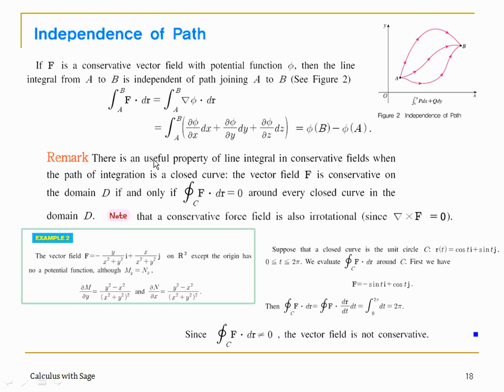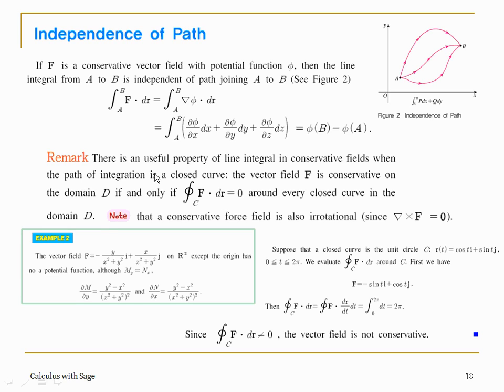Okay, there is a useful property of line integrals in a conservative field when the path of integration is a closed curve. If it's a closed curve, then the two points, A and B, are the same, so these values must be the same. So the value should be 0.